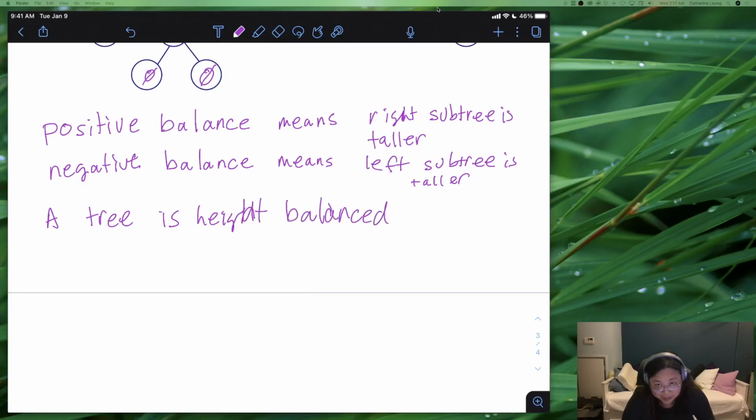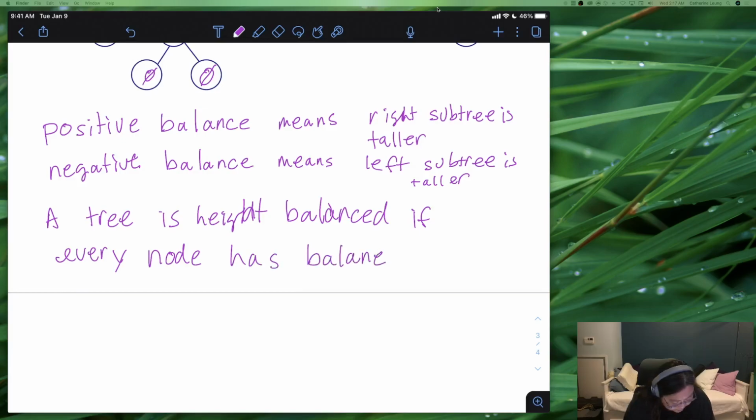Okay, so remember, this is what we're aiming for, right? And you can say that an entire tree is height balanced if every node has a balance of +1, -1, or 0. So either +1, -1, or 0. If even one node is not one of those three values, the tree is not height balanced.